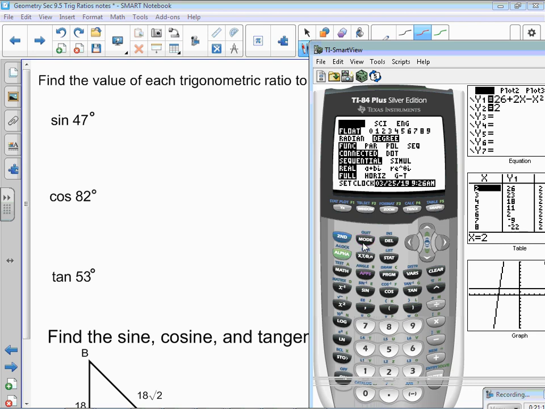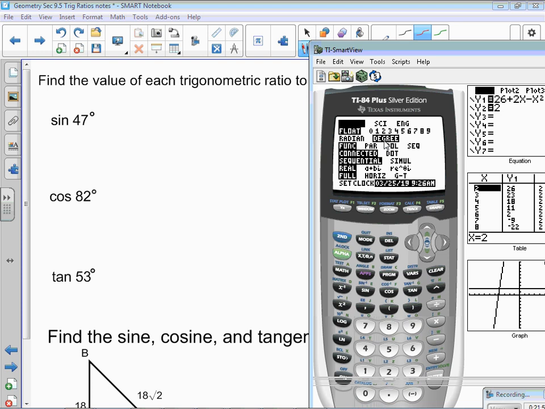And so on a graphing calculator, we hit the mode button and it'll take us to this screen, and this line right here where it says radian or degree, that's what's important when we're doing trig ratios, right? And we're dealing with angles that have a degree measure, right? 47 degrees, 82 degrees, 53 degrees. So we've got to make sure that the degree is highlighted.